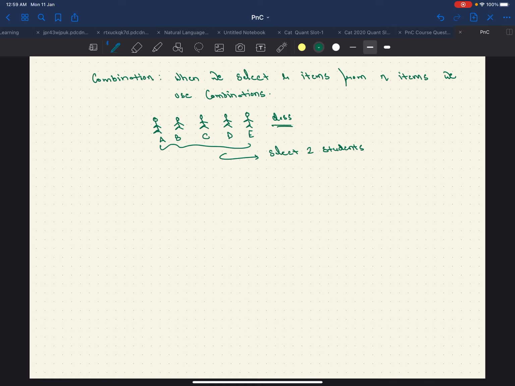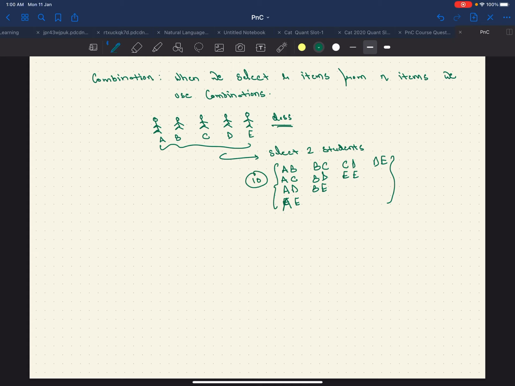Then what is the number of ways we can do so? We can either select AB, AC, AD, AE, then BC, BD, BE, CD, CE, or DE. So here, as you can count, there are 10 combinations.